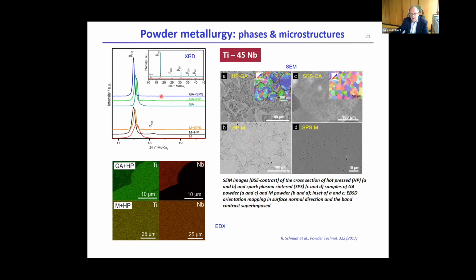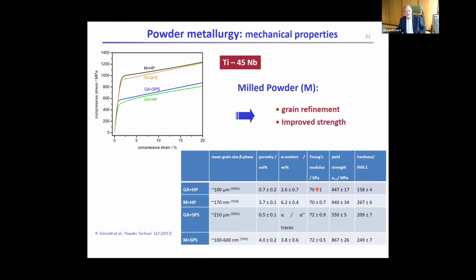And of course, this all means that whatever heat exposure you have, whatever pressures you have, there may be subtle changes in the actual microstructure. There may be subtle changes in the actual phases that you have at the end of this consolidation. And of course, this all means that the mechanical characteristics are again different.